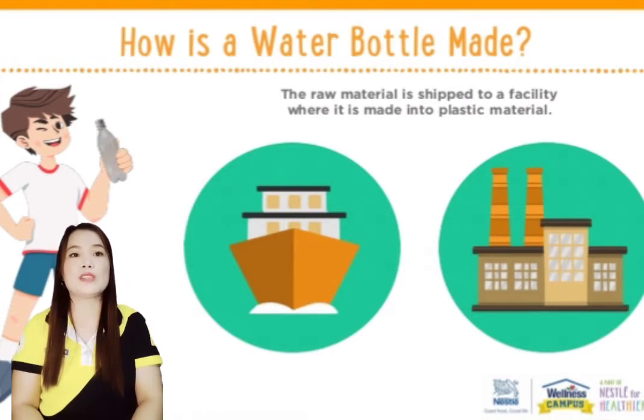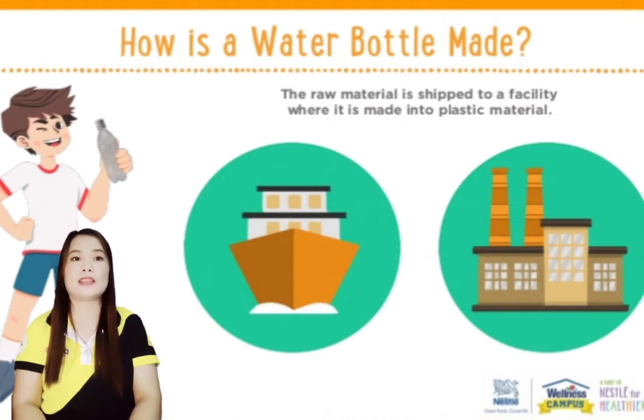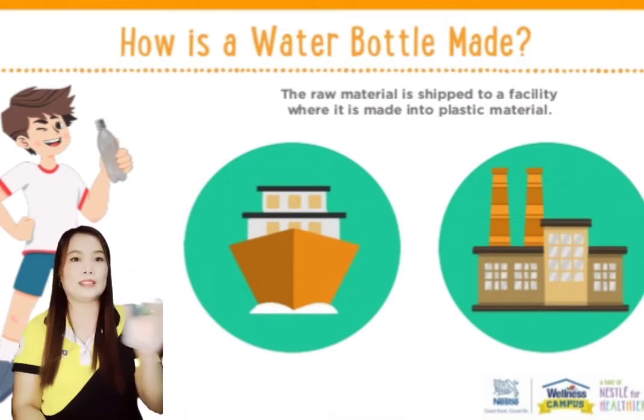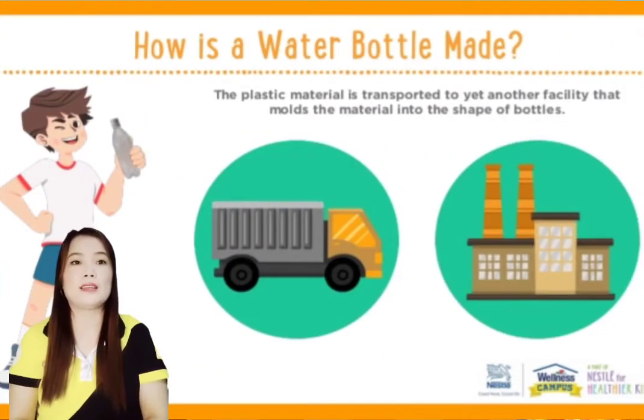Polymer is a useful chemical made of many repeating units. So, at this point, the raw material is already formed into plastic but not yet formed into the product, the plastic bottle. The plastic material is transported again to another facility that molds the material into the shape of bottles.